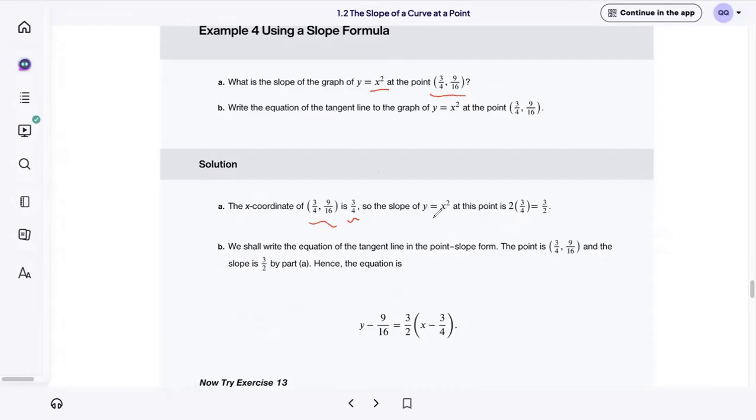So the slope of y equals x squared at this point is 2 times this. I don't know how they come up with this solution, but which is the right solution? So we'll skip this. I don't know how this textbook comes up with these two, but it's premature to mention these two here.